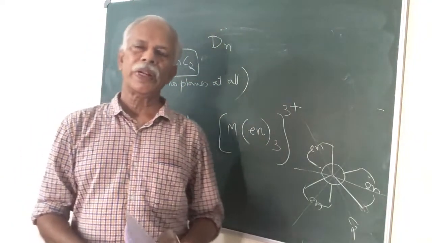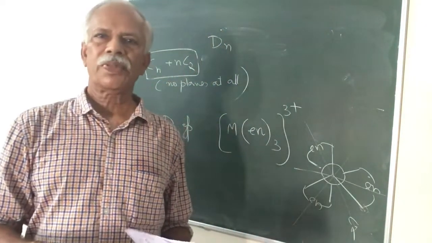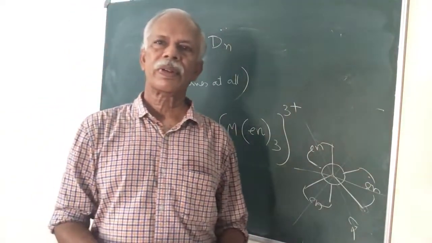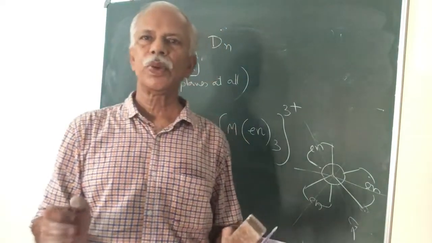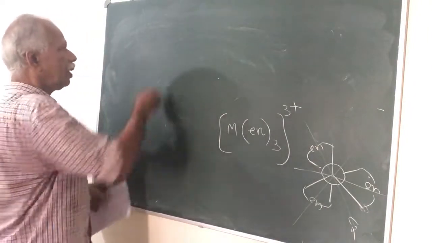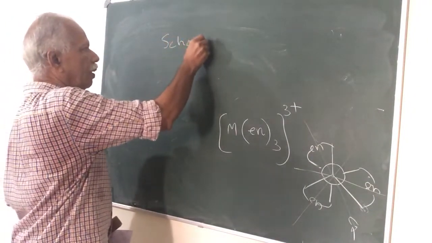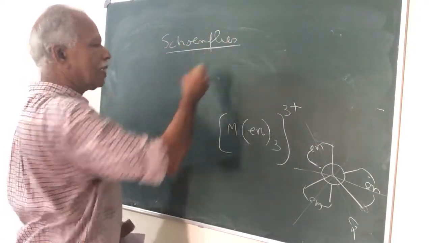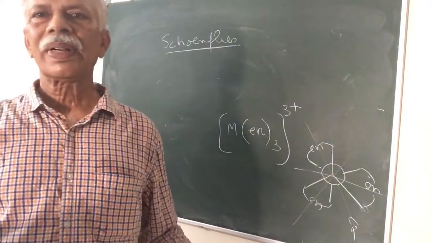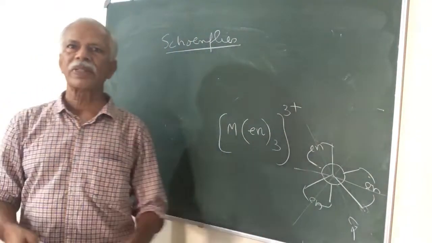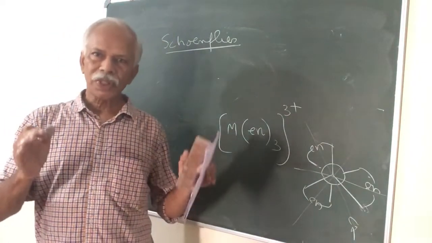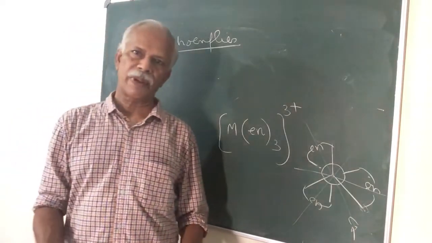Now one more point I have to tell you. The notations for elements of symmetry, symmetry operations, and the various point groups we have been using so far are called Schoenflies notations. S-C-H-O-E-N-F-L-I-E-S, Schoenflies notations. Symmetry aspects apply to crystals and lattice-based crystal structures. In crystallography, we have both point groups and space groups.